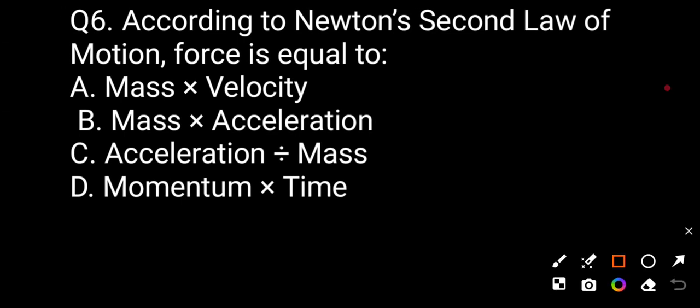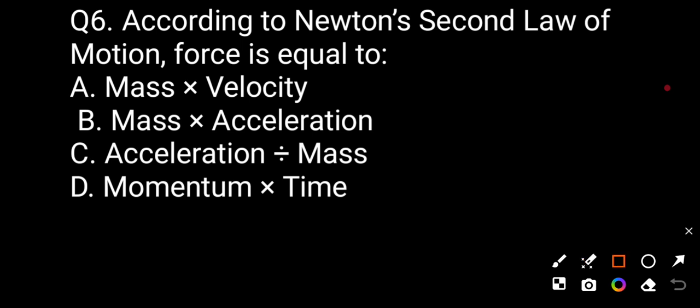Now question number 6. According to Newton's second law of motion, force is equal to: option A, mass into velocity; option B, mass into acceleration; option C, acceleration divided by mass; option D, momentum multiplied by time.